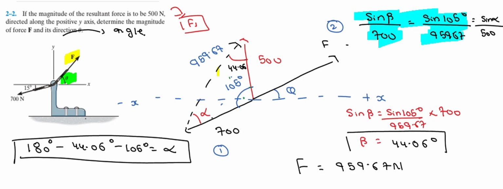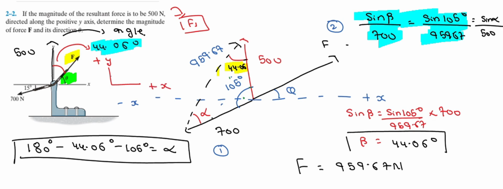So if you look at the diagram in this question, this is 500 Newton, and this angle also is 44.06 degrees, because this is a head-to-head angle and this is a tail-to-tail angle, and head-to-head and tail-to-tail angles are always equal. And we know that the angle between two axes, this is positive y and this is positive x, is nothing but 90 degrees.